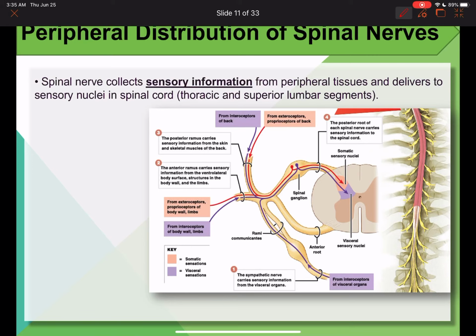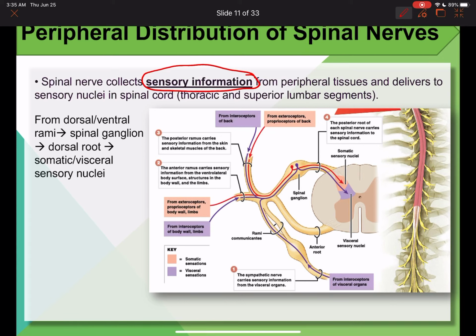So we'll start here with the sensory information first, arriving from peripheral tissue and delivering that information toward the spinal cord. Okay. Now we talked about the spinal nerve can be split into posterior or anterior rami.